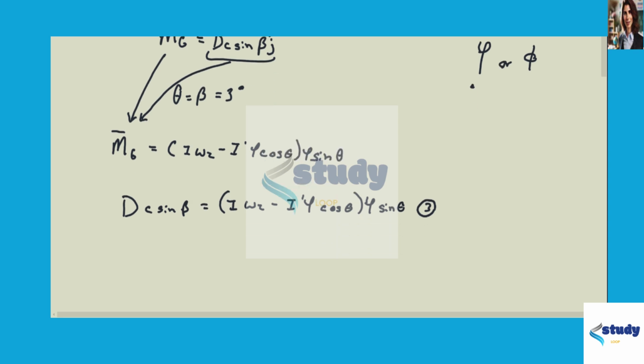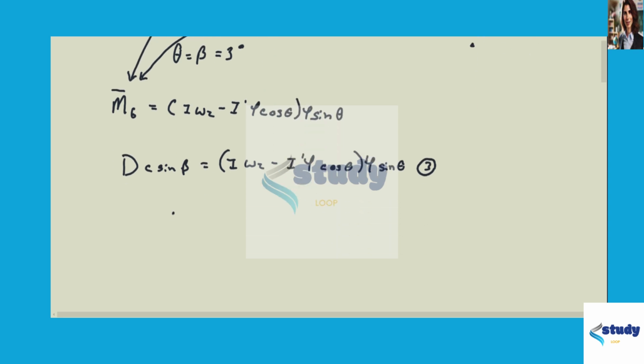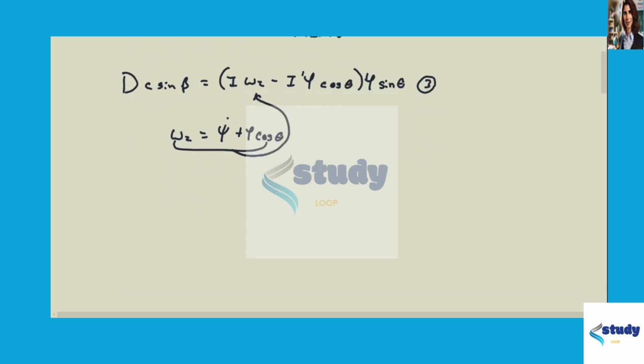And so we got to express the angular velocity here. And that's going to be capital phi plus little phi cosine theta. And we're just going to plug that in here, and we're just going to scroll down.